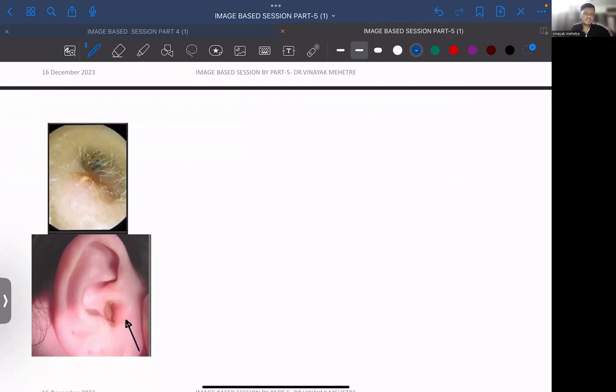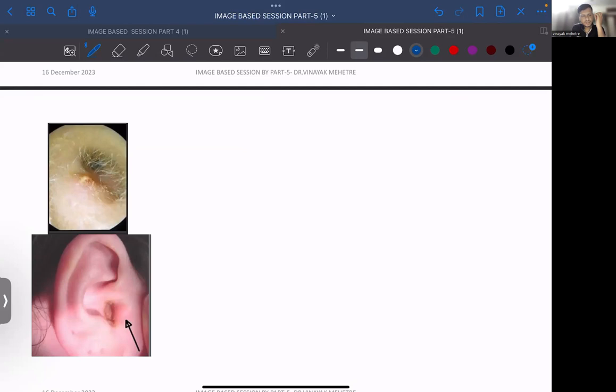The patient presented with pain in the ear, and as soon as I touch the tragus, this small part of the ear, there is more pain.